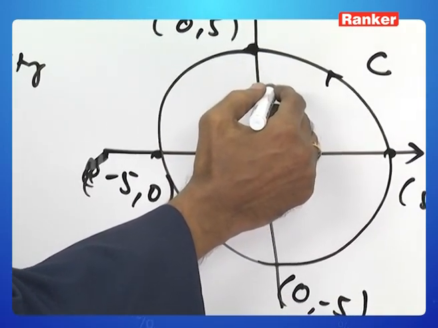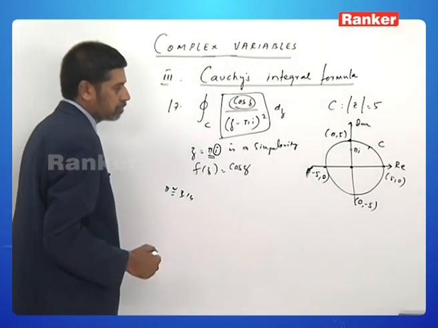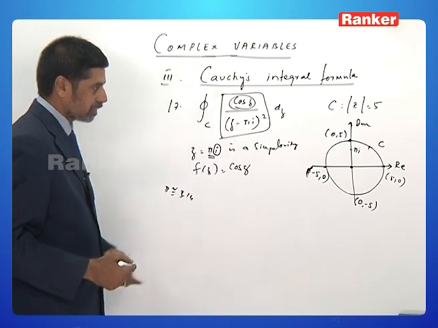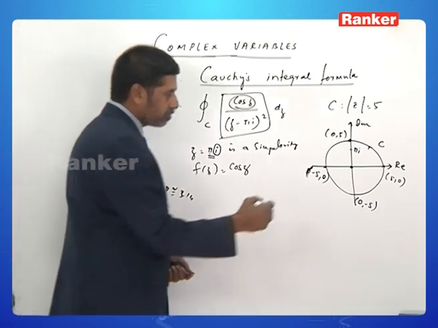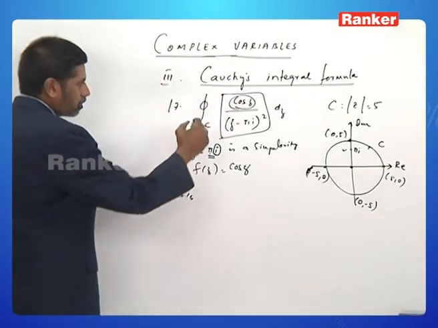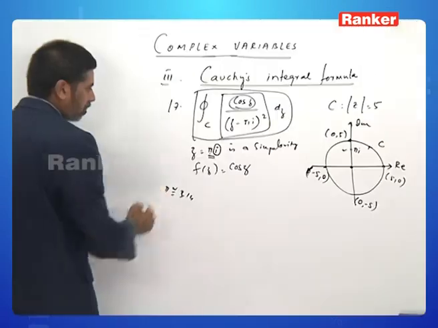Therefore, you will find that pi I is located there. Pi I is approximately 3.14 I, that means along the imaginary axis. So, it is now confirmed that the singularity is inside the contour. Therefore, to this we can apply the Cauchy's integral formula.